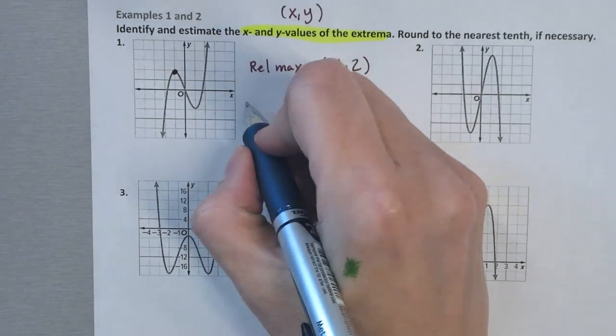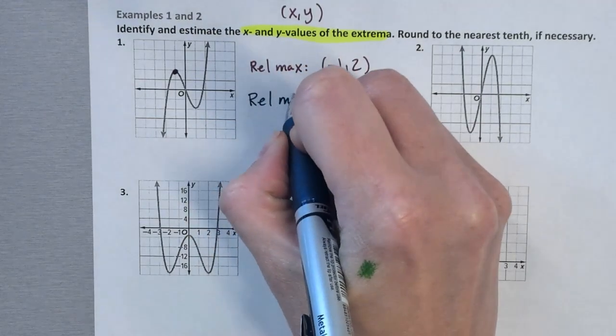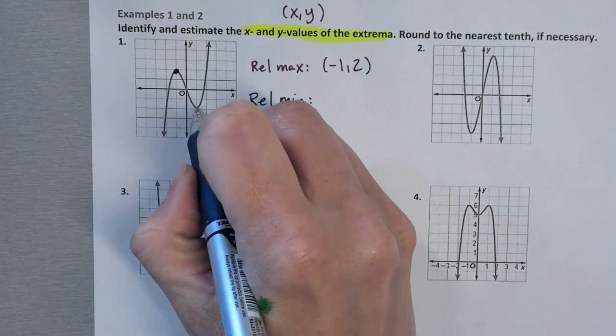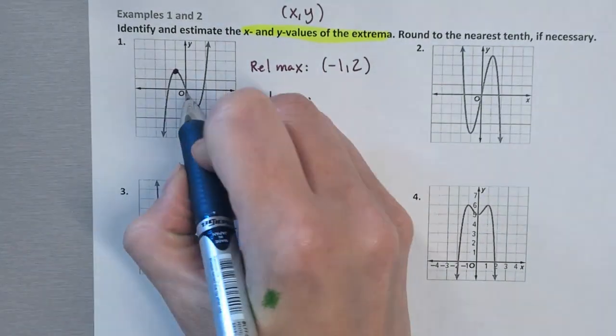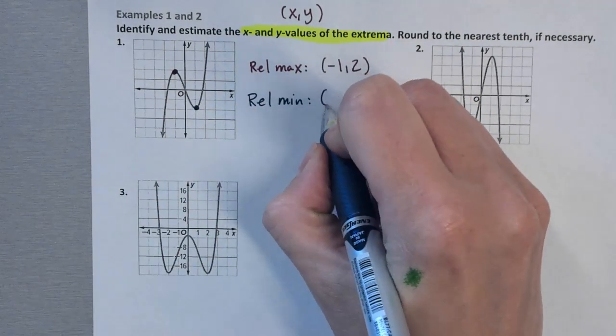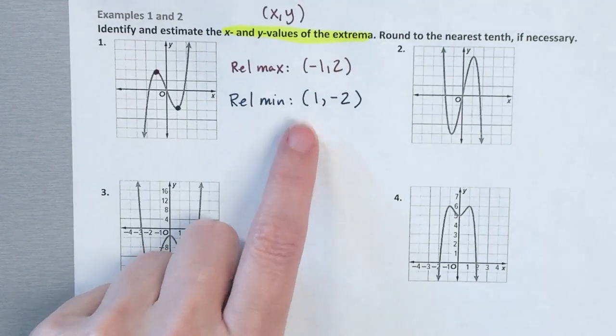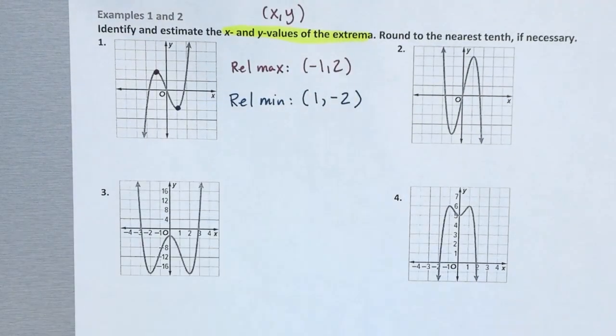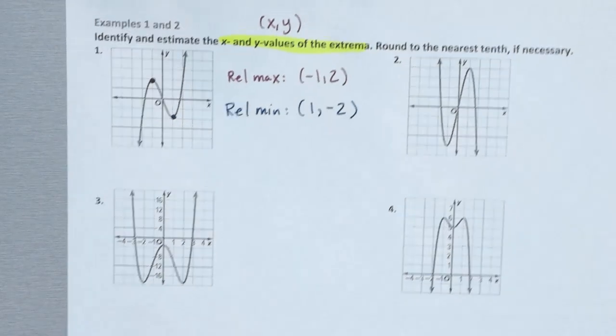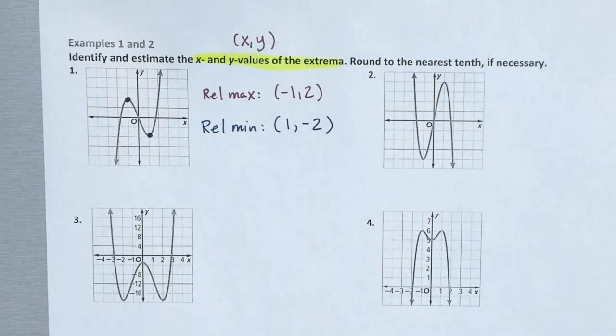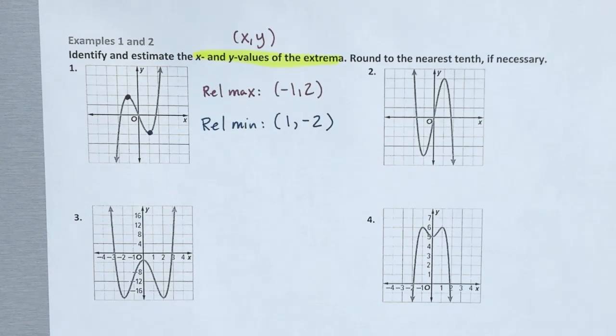And then your relative min is going to be right here. So I'm over 1, down 2. So 1, negative 2. And in this case, they happen to be opposites. That does happen sometimes, especially if you have the symmetry. All right, so can you guys give number 2 a try on your paper?